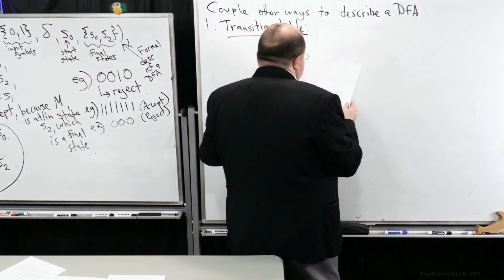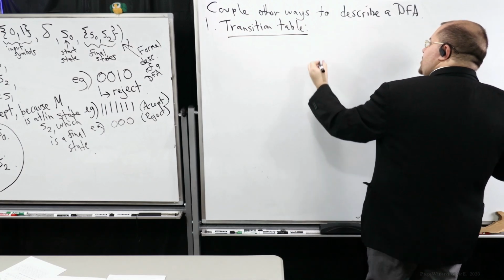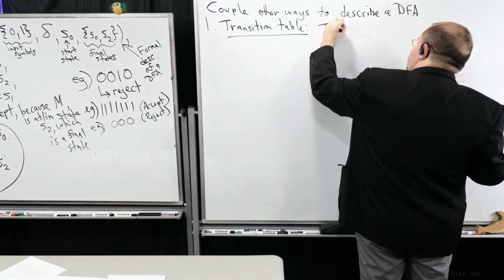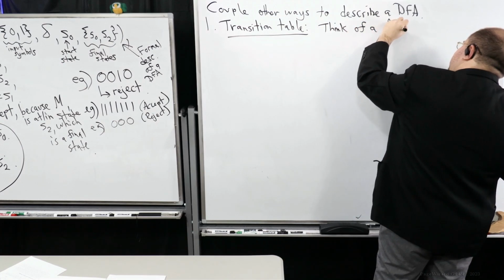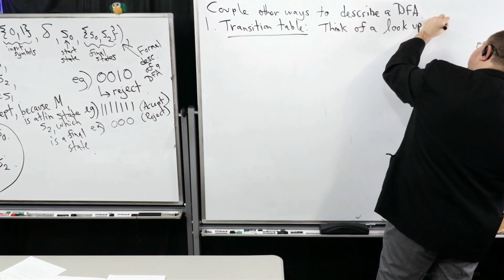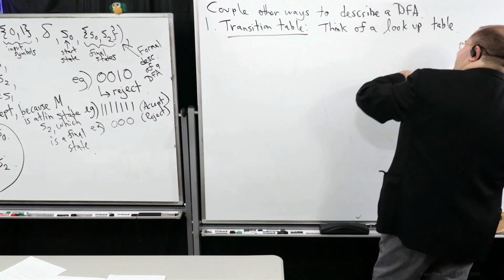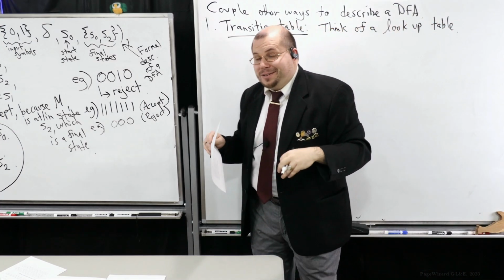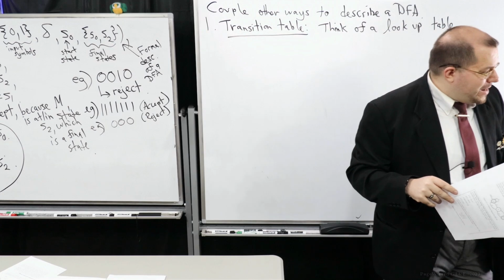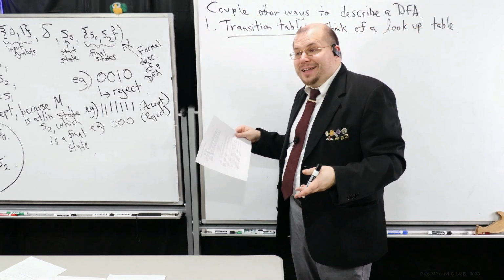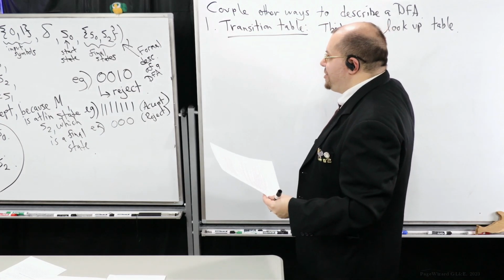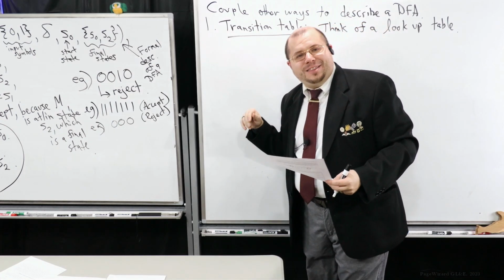Just think of a lookup table. If you've never heard of one before, I'll explain, because that's what it is. It's a lookup table. This is how very often you might implement such a thing. It's not the only way, but certainly one effective way. Especially if you have more of an engineering background, that's probably the first thing you might think of trying.